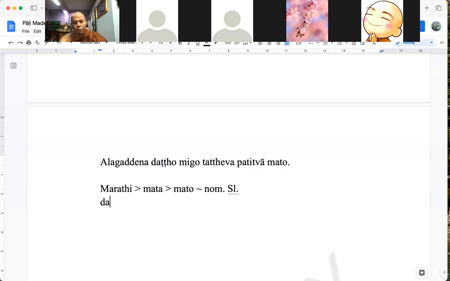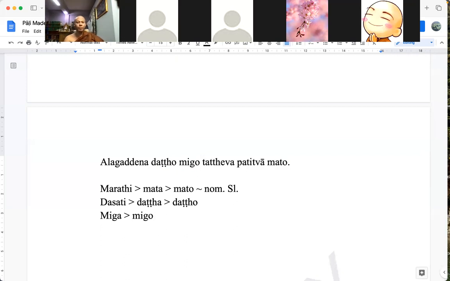So dato also actually, dasati becomes dato. And then migo is a simple noun, migo with the nominative case singular.